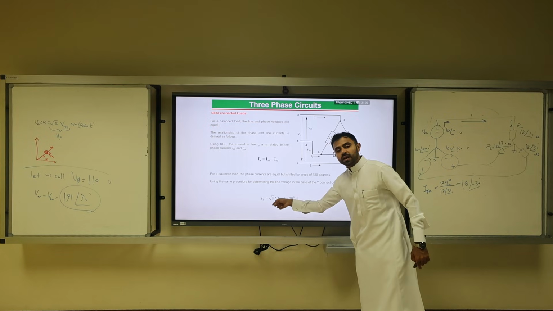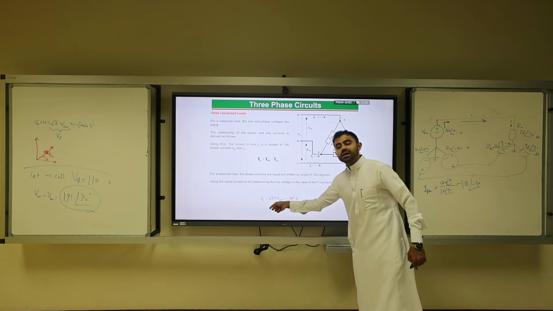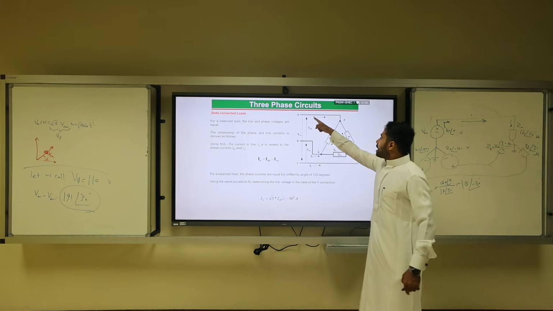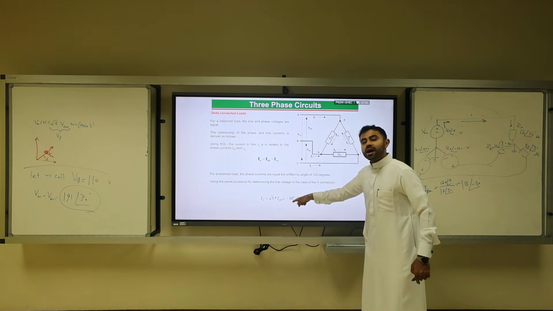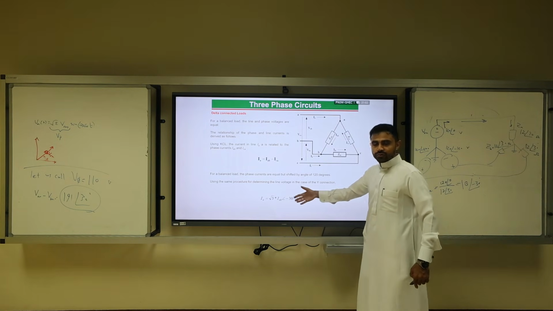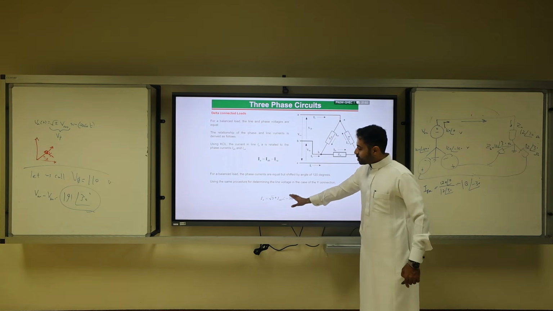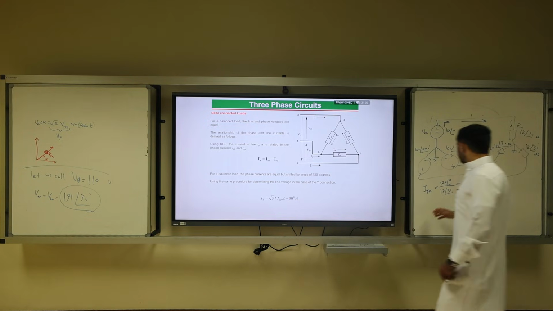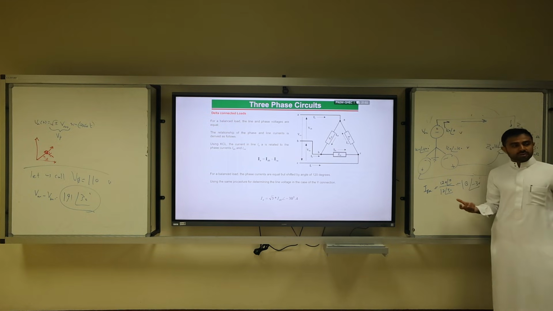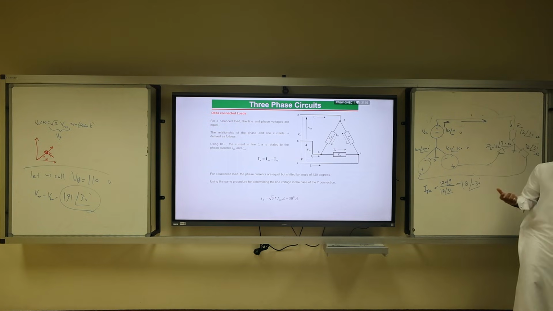This time you multiply the current by square root of 3, but to get the line current, you subtract 30 degrees. I'm not going to show you the proof, but you can use it. You can find IB and IC by subtracting. It's the same equation as for the voltage, but you subtract 30 degrees.